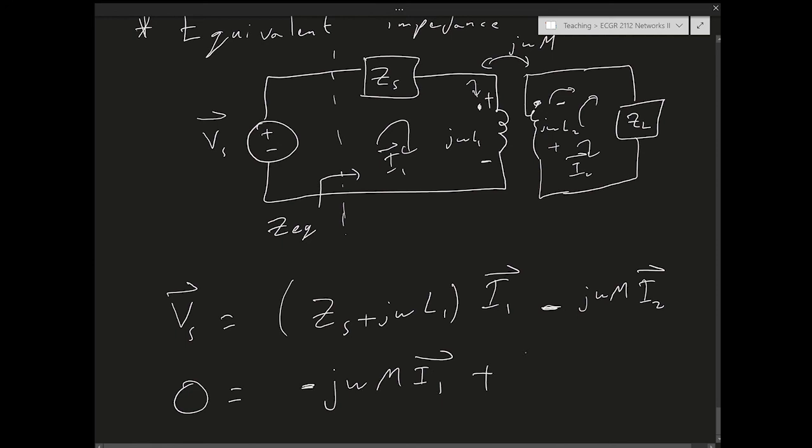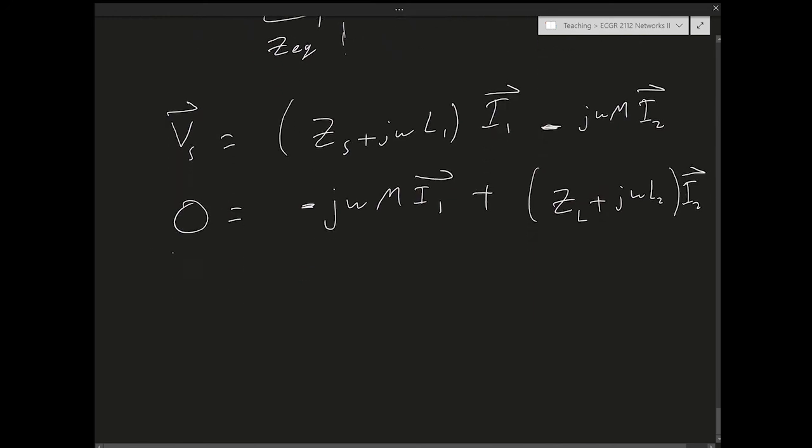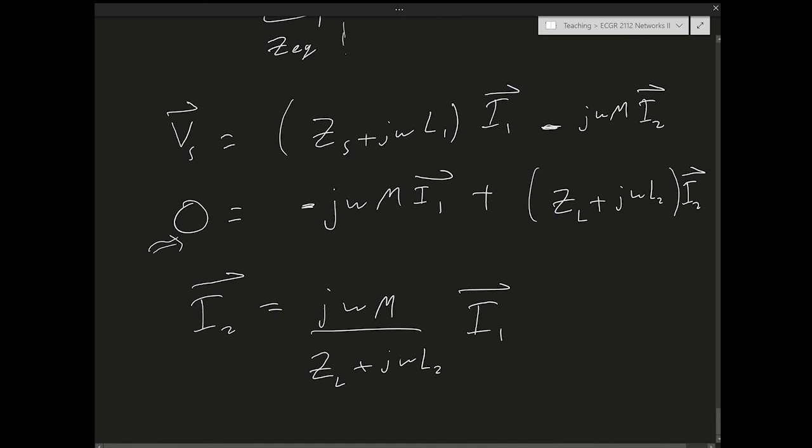And now the rest is just the self-impedances. So this is going to be ZL plus j omega L2, times I2. Because here we have 0, we can easily solve for I2. I2 is going to be j omega M over ZL plus j omega L2, times I1. And then we can plug in this I2 here.